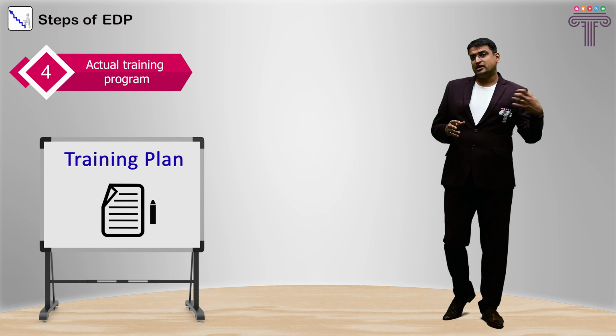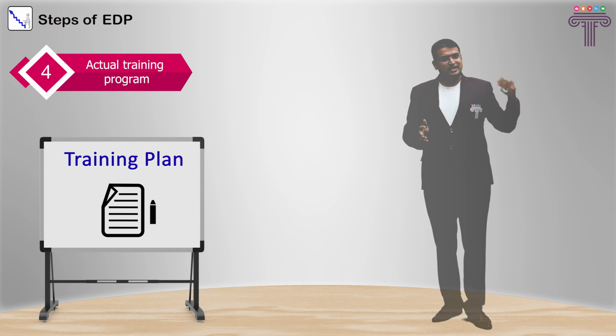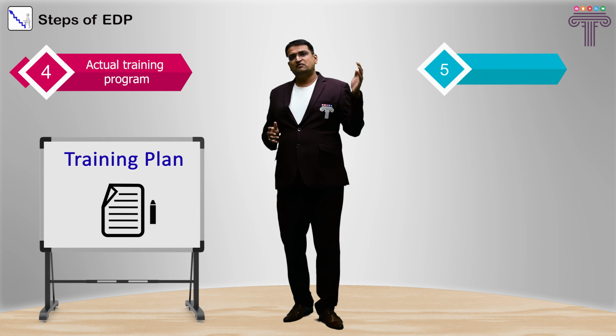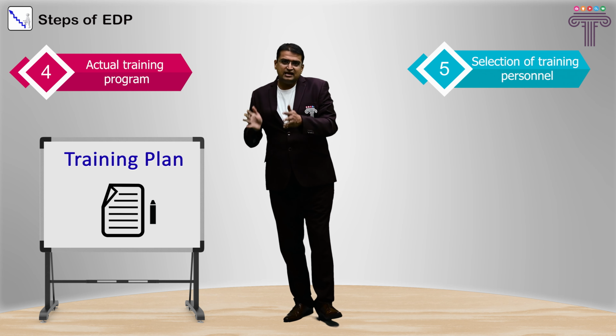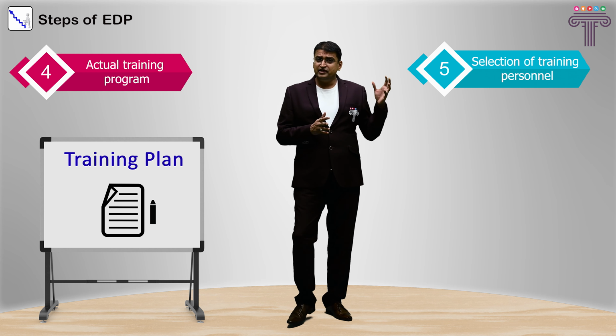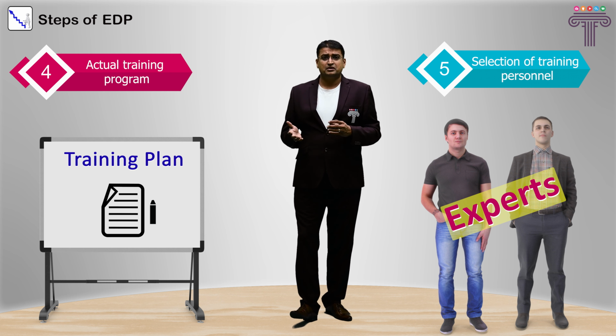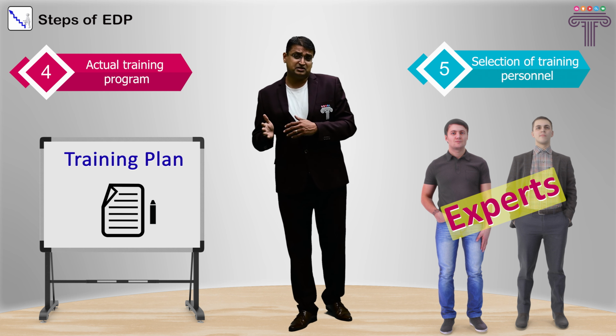Once the actual training program has been decided, naturally, who will train? So the next natural step is selection of training personnel. Once the area is fixed and the training program has been designed, we choose experts from the industry to train them. So selection of training personnel is decided.